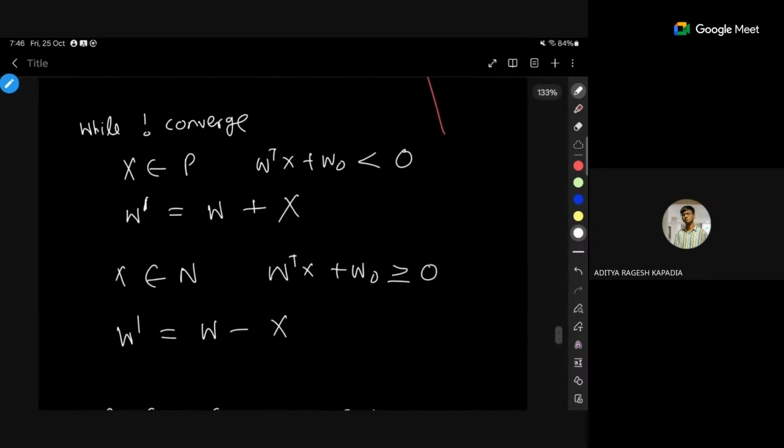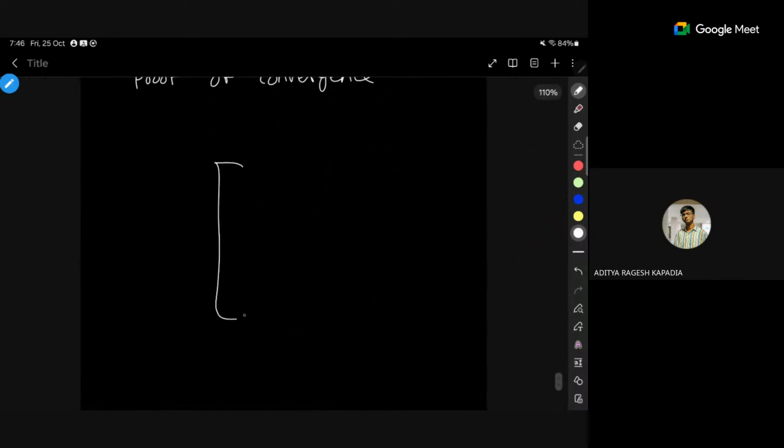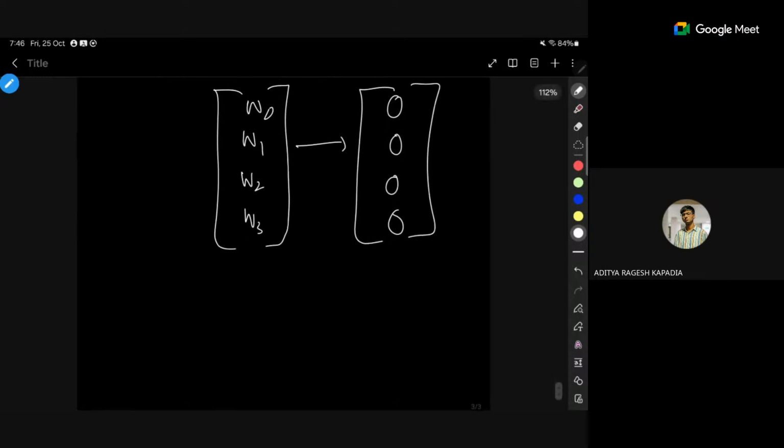So I think in this case we will not take W naught as something given, but we'll initialize it. We'll have this vector, which will have W1, W2, let's say W3, and we'll have W naught also. We'll initialize this with some values. You can initialize it as zeros, or anything, and then it will update accordingly.